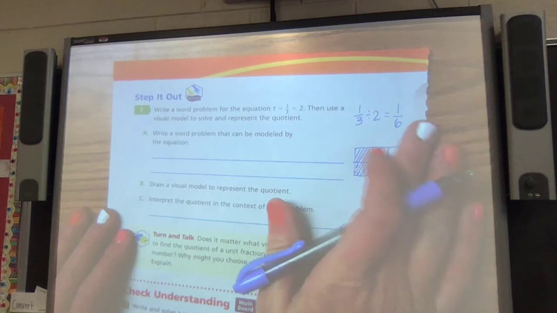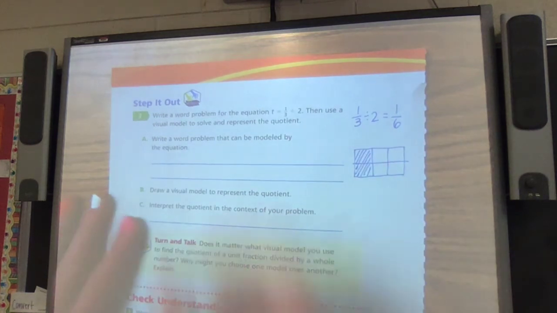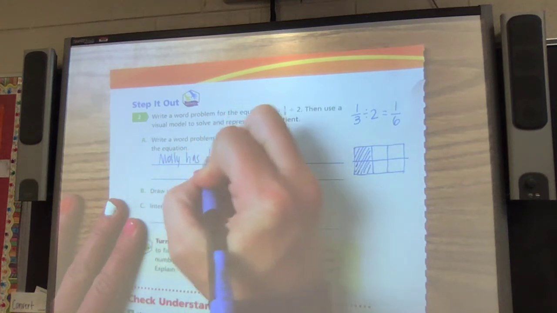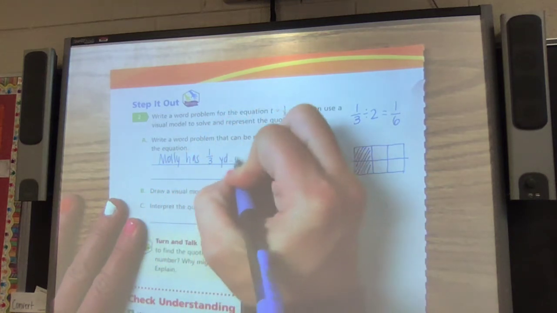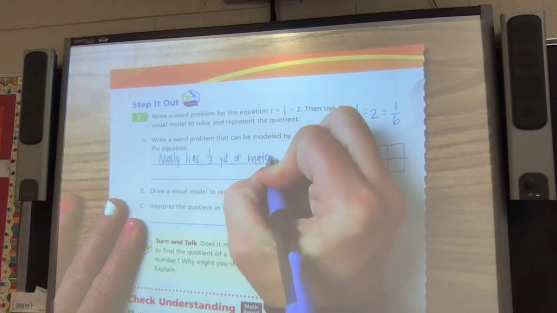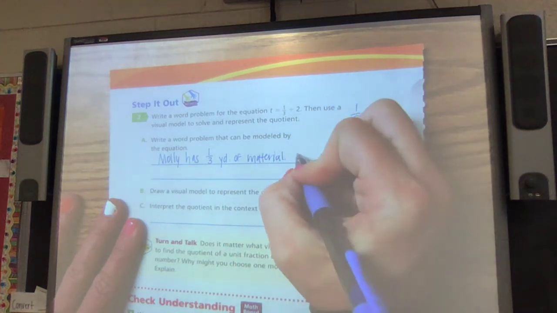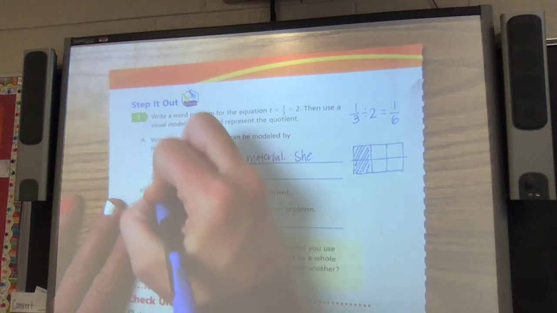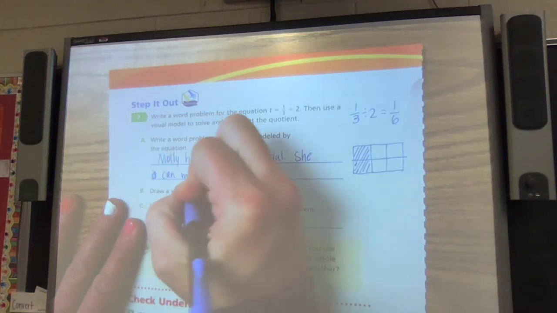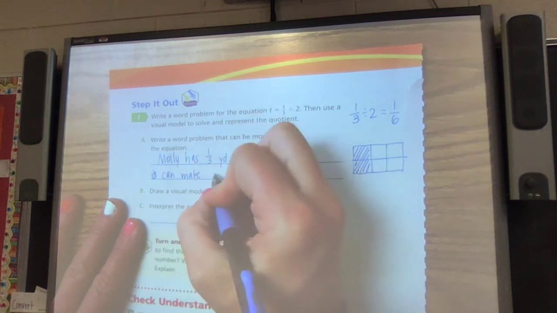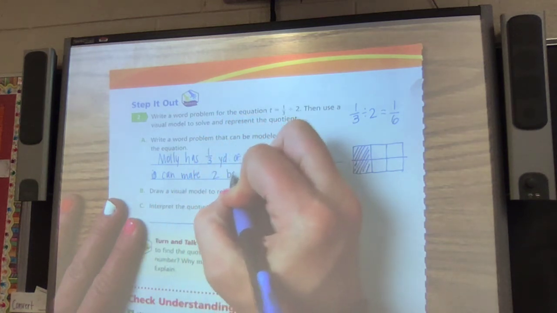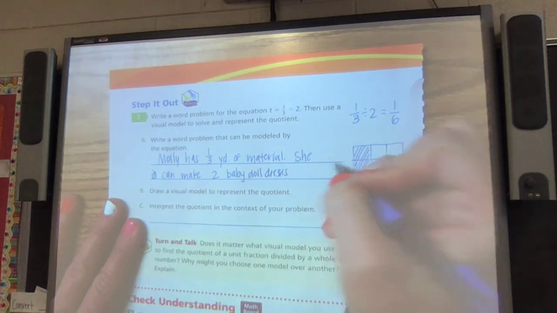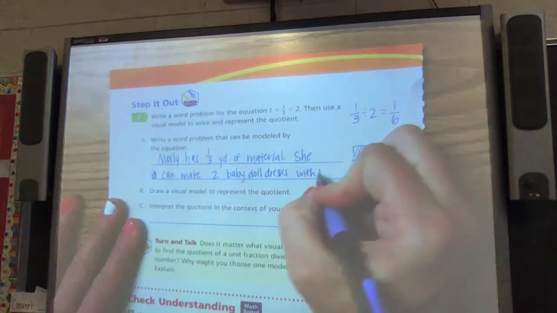So if we're writing a word problem, let's say Molly has 1/3 of a yard of material. And she, or let's say can make 2, let's say some baby doll dresses with the material.